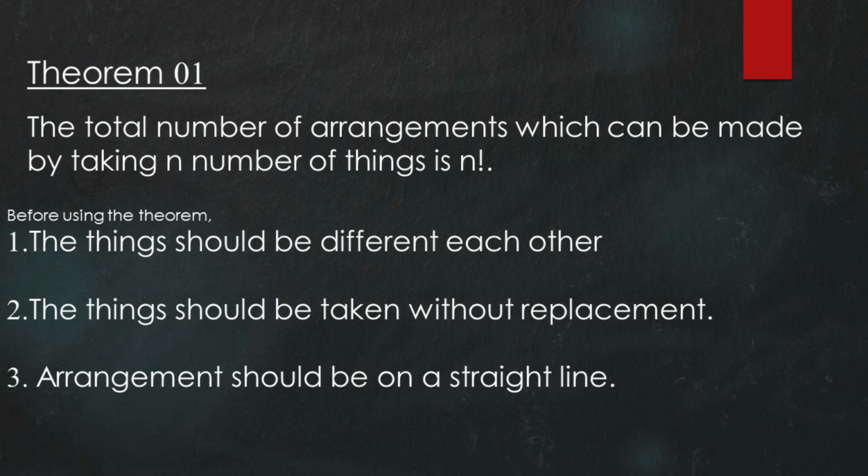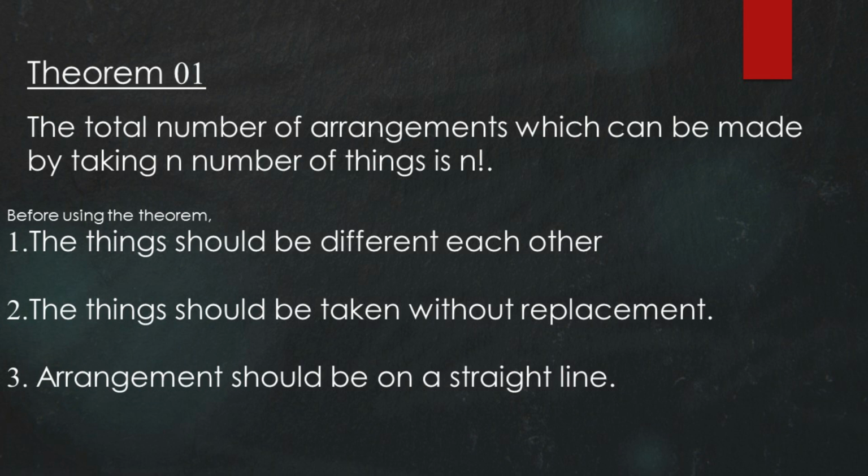And the arrangement should be on a straight line. I told you we have 2 different arrangements, but the circle one is not in the syllabus, so here it's only a straight line. So these are the three conditions to be satisfied when we are using theorem number 1.